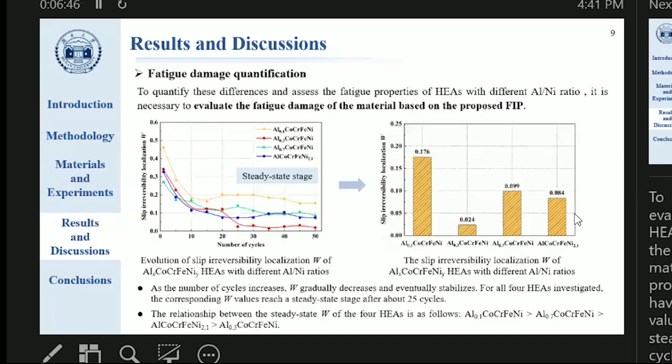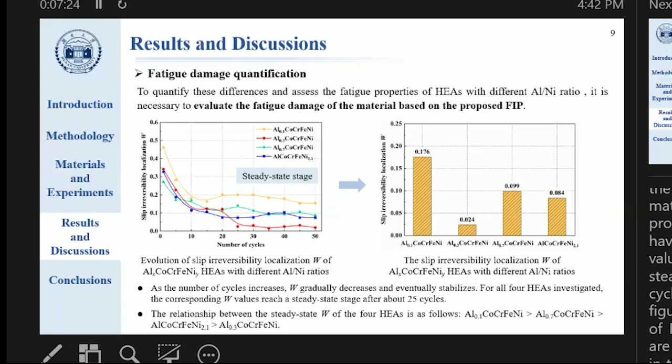To quantify this difference and evaluate the fatigue properties of HEAs with different compositions, the fatigue damage degrees of materials were evaluated based on the proposed FIP, namely W. Here we have two main findings. First, we can see in the left figure, the W of all studied alloys reaches a saturated stage at the initial stage of cyclic loading.